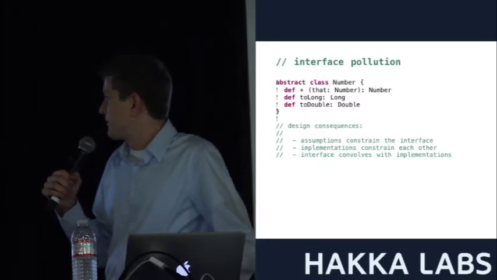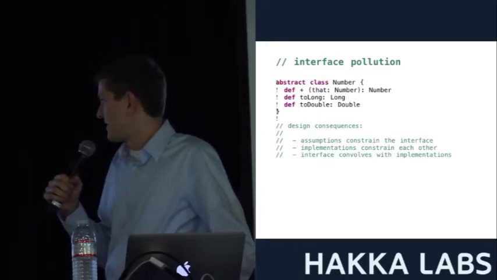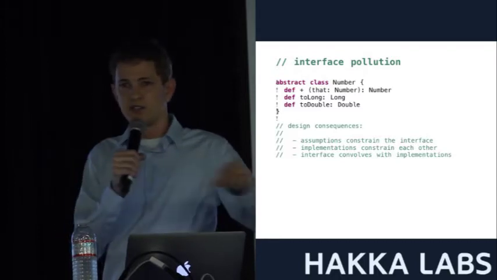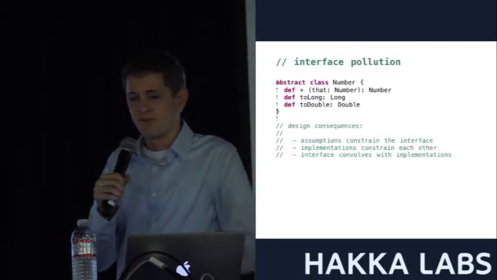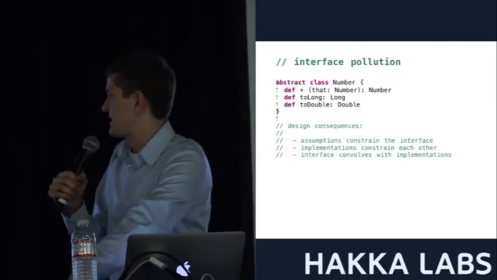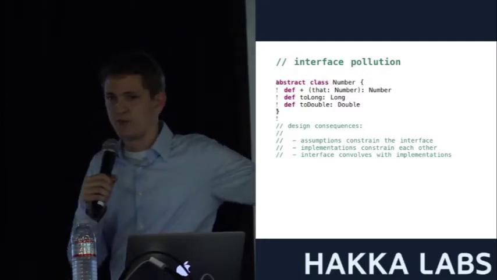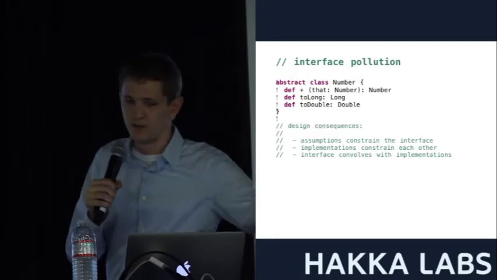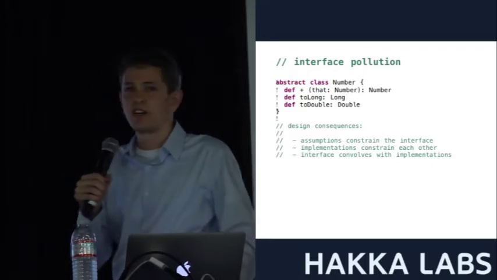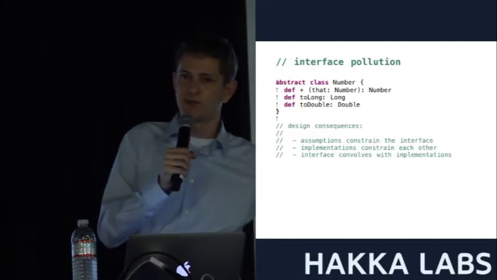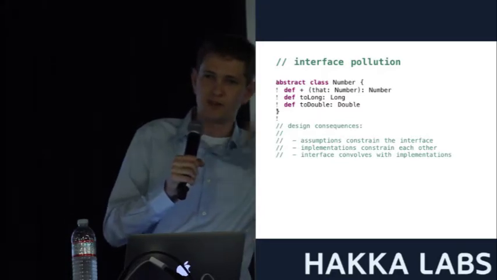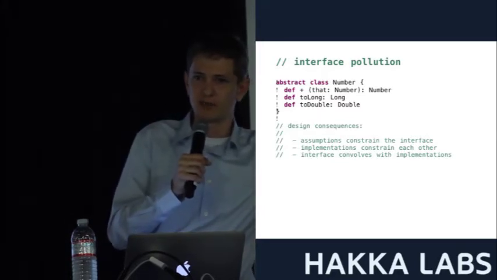And an equally large problem is that the implementation details leak into each other, which is the fact that when we went to implement int64, we had to implement the abstract member that was required for float64. And so every time with each new case that you want to implement, this is how you get that combinatorial complexity.